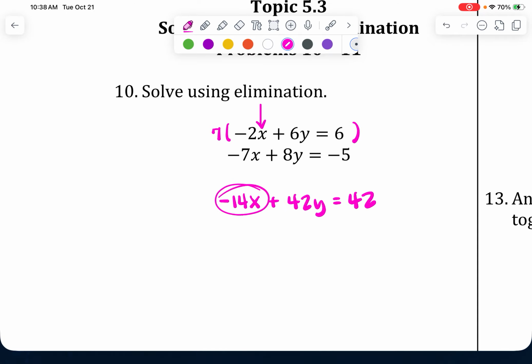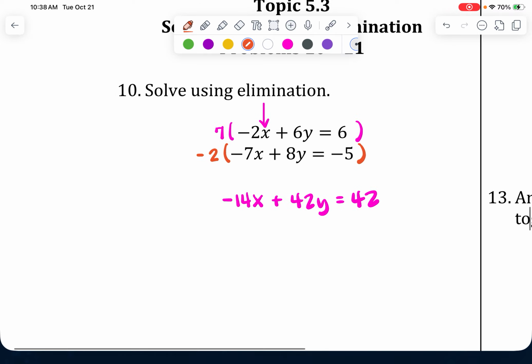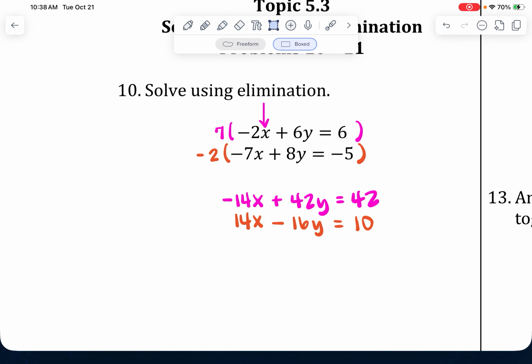So I've got a negative 14x out of that, which means I need this guy to turn into a positive 14x. And the only way I can get a negative 7 to turn into a positive 14 is by multiplying by negative 2. So that's going to give me positive 14x minus 16y equals positive 10. Make this a little bigger.